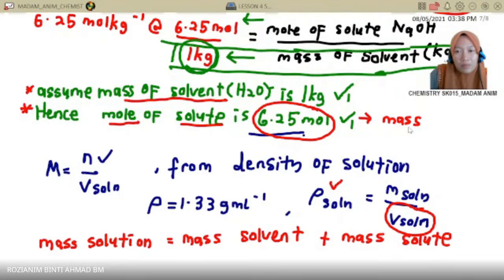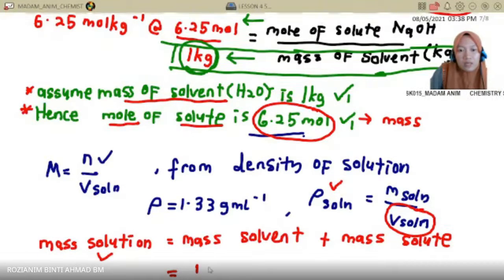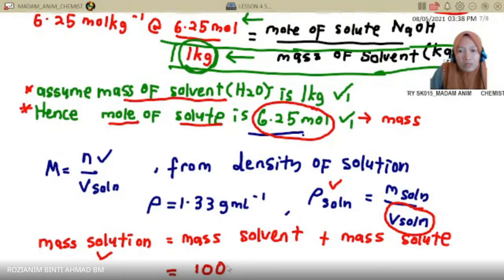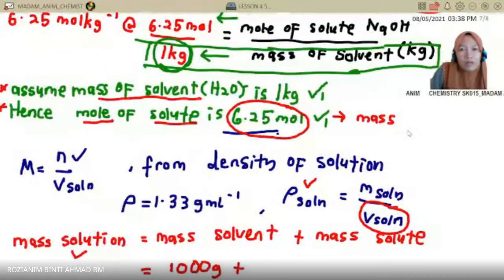Okay, can we proceed to next step? Nak buat apa sekarang ni? Kita nak cari mass solute supaya we try to find out the mass of solution. Okay, so mass solvent dah ada 1 kilogram, so means 1000 gram. Tambah kita nak mass solute. Macam mana nak dapatkan mass solute? Buat relationship mass over molar mass.